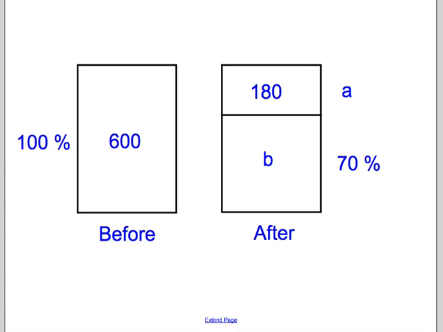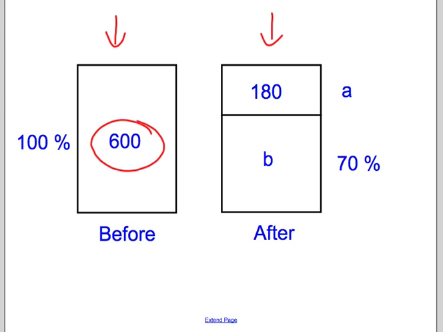Okay. Now we're going to look at how to diagram these particular problems. This first box just represents 600 and 100% of itself. I mean, 600 out of 600 is 100%. That's the before. The after, on the right here, has some missing parts. We know that the total of the two items has to be 600.